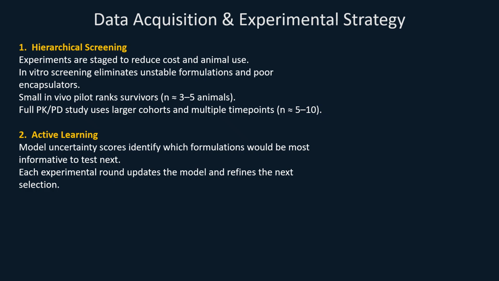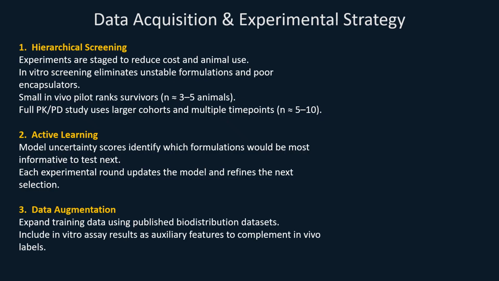So each round updates the model and tightens the next selection. Finally, the training data can be expanded through augmentation, incorporating published biodistribution datasets and using in vitro assay results as auxiliary features alongside the in vivo labels.